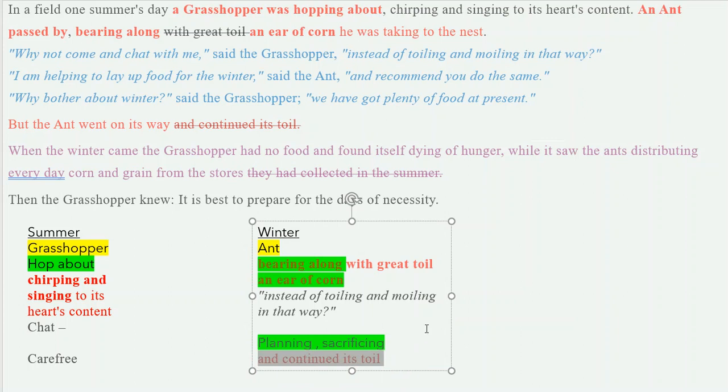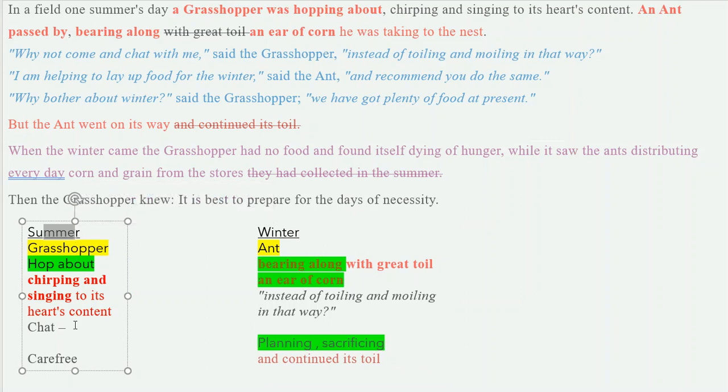Even though the story is in summer, it is about planning for winter and sacrificing the good times, because you need to plan. So all of these words communicate the importance of planning for winter. Winter means you have to plan for it, you need to work with great toil, you have to toil and moil, right?